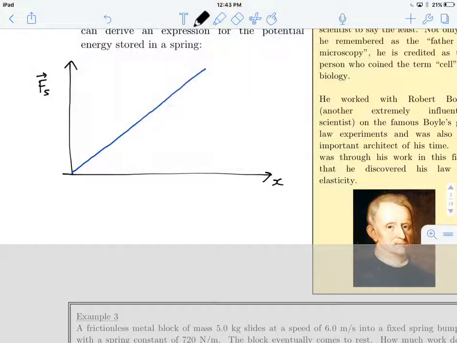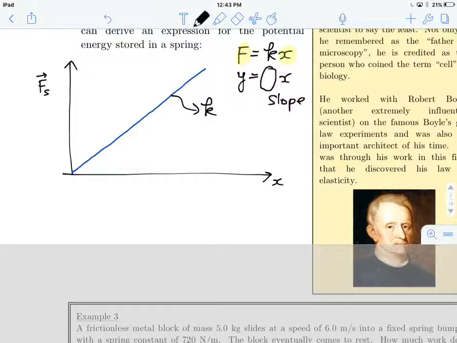So in this case, if we have F equals kx, we say that F is our y, and x is, of course, our x, then this is realistically y equals mx plus b, where this right here is the slope of the line. And we can see that k would be the slope of this line.